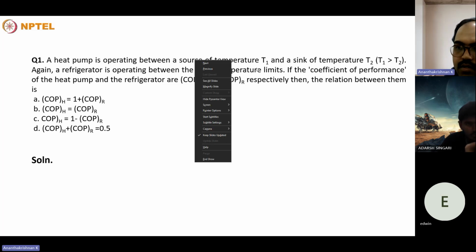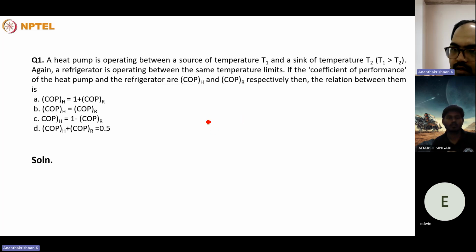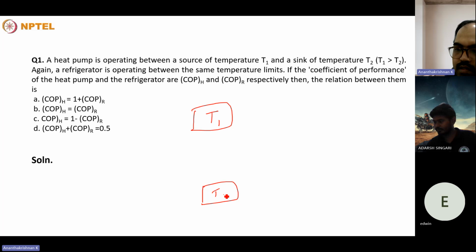It's very straightforward. We have to draw the schematic for the heat pump as well as the refrigerator that operate between the same temperature source and sink. T1 is the higher temperature source and T2 is the lower temperature sink. A heat pump takes in heat from the high temperature source and releases heat, and produces work, and consider this to be a reversible one for the time being.